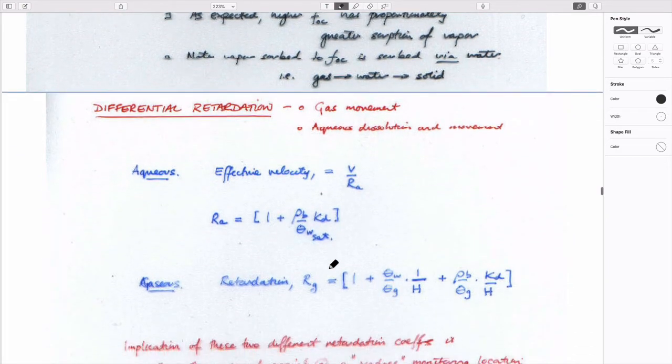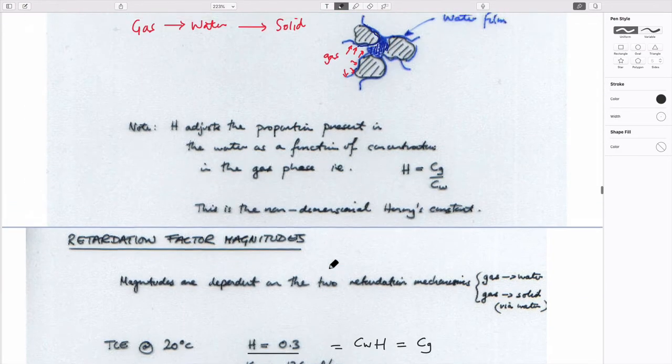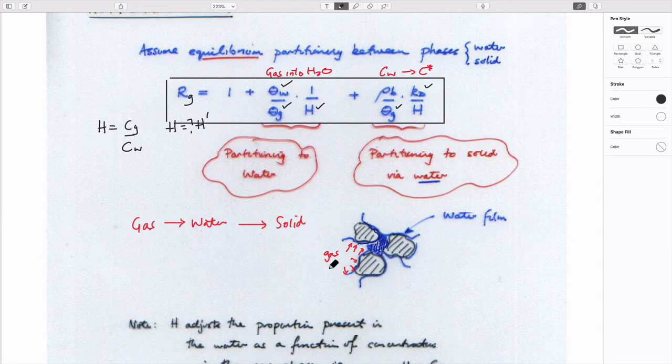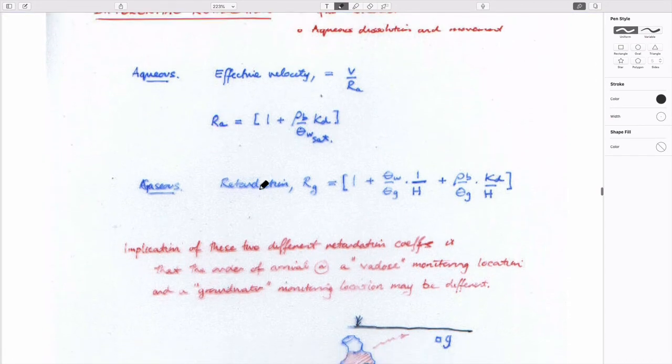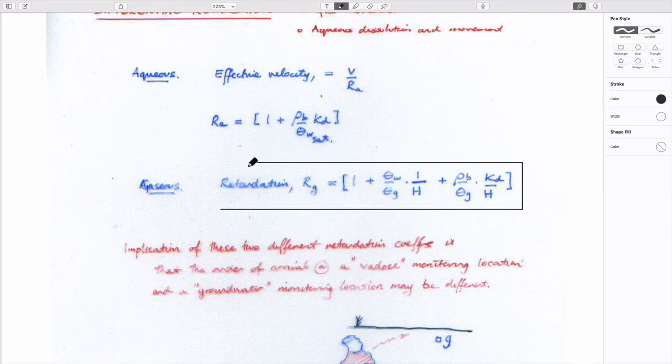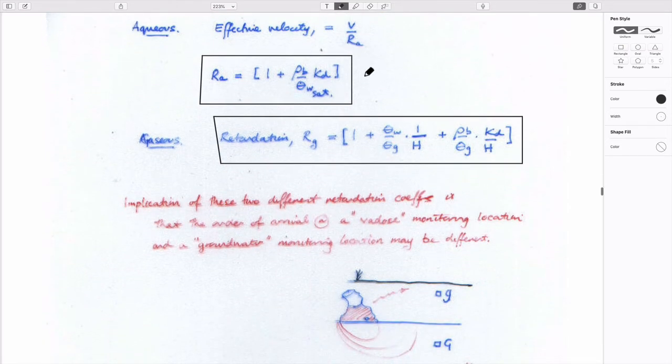Okay. So the other consequence of this retardation coefficient is that there are effects for the gas behavior, which we've defined here. And we also know that there are effects for the aqueous retardation. So these are those two expressions just redefined here. So the amount that would be present in the vadose zone, and the amount that would be present within the groundwater zone. And so the effects of each of these would be that they define how far things would travel in a given time.